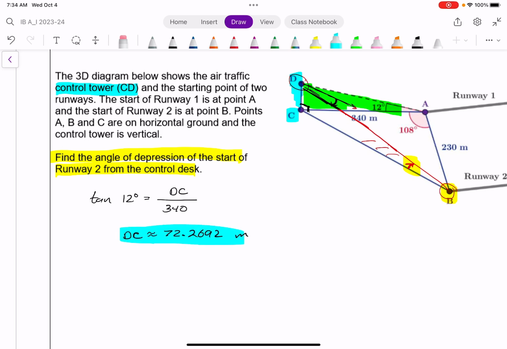Okay, so now I need to figure out just one more part of this three-dimensional triangle, and that is CB, the distance from there to there. Much like in the first question of the lesson, I can figure this out by using the cosine law, because that side I'm trying to figure out is opposite this 108 degree angle here, and I know the two sides adjacent to 108 degrees.